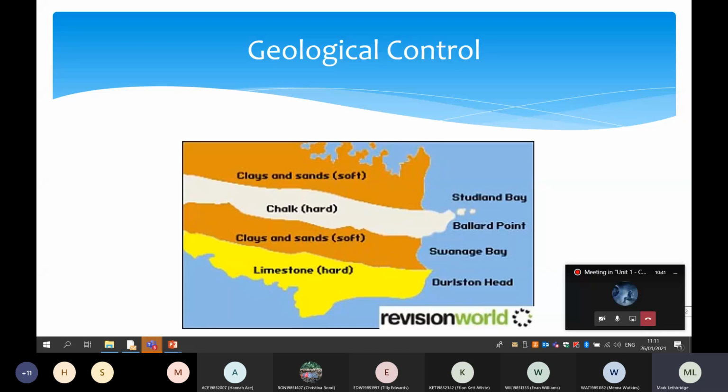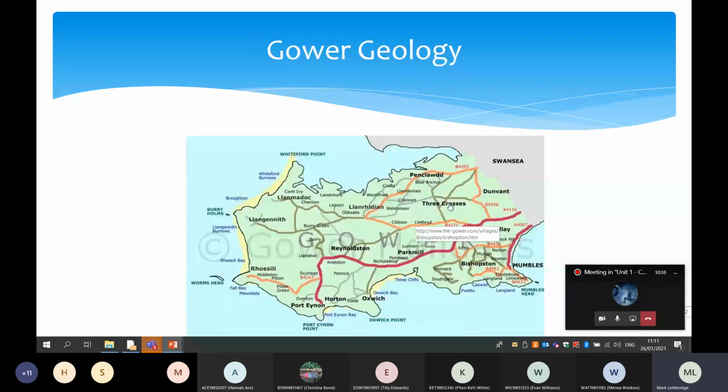Now, to make a little bit more sense of this, in terms of features, we're going to have a little bit of a think about the Gower and actually how the geology of the Gower plays in to create the landforms that we have. Because if you look at the Gower in general, along the south coast, we have a very obvious setup of headlands and bays.